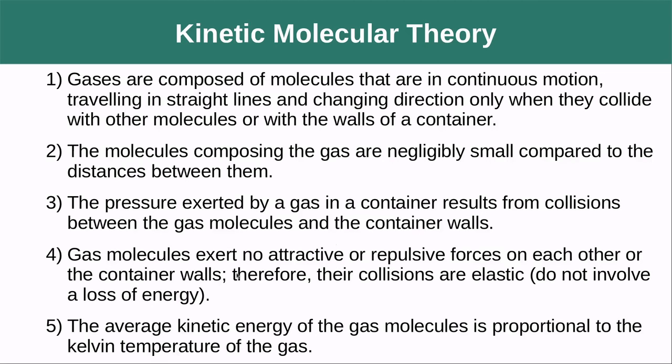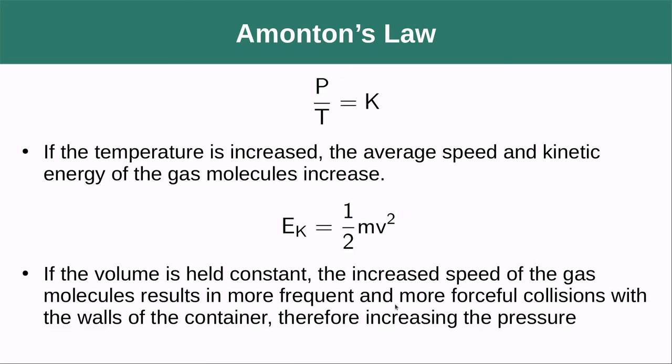And most importantly, we're still not allowing for any sort of forces between the gases themselves or with anything else around them, which we know to definitely not be true. And this would actually mean that collisions between the gases aren't going to be perfectly elastic. But still, it works pretty well.